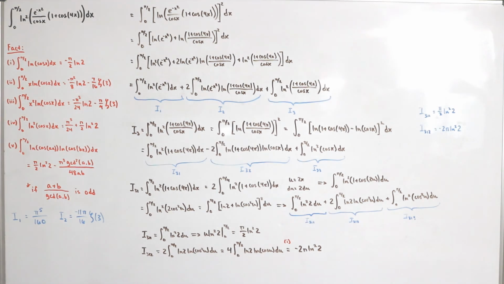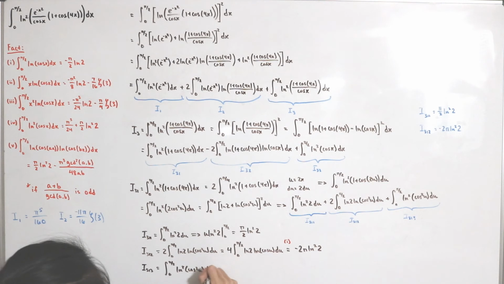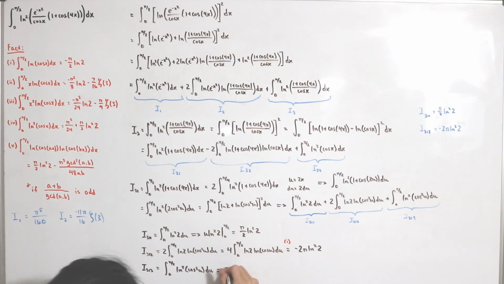All right. Now the last thing we need to calculate is I sub 313. We have the integral from 0 to pi divided by 2 of ln square of cosine square u du. In other words, we can rewrite this as 4 times the integral. How did I get 4?